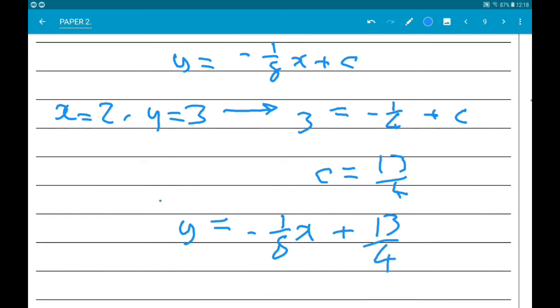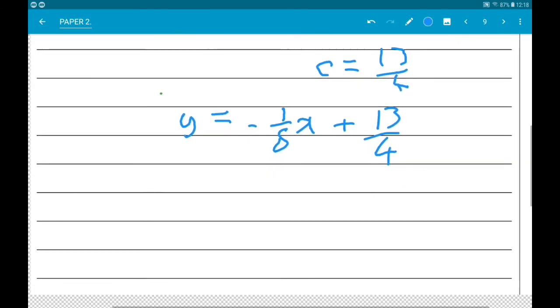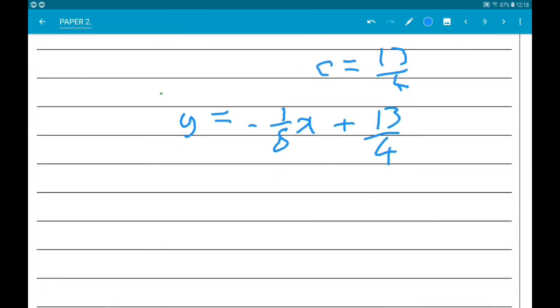Okay, so the normal is a straight line, so what we're forming here is a right-angled triangle. We now know the height of the triangle is 13 quarters. What we now need is the base, so we need the x-intercept. So for the x-intercept, y is 0.